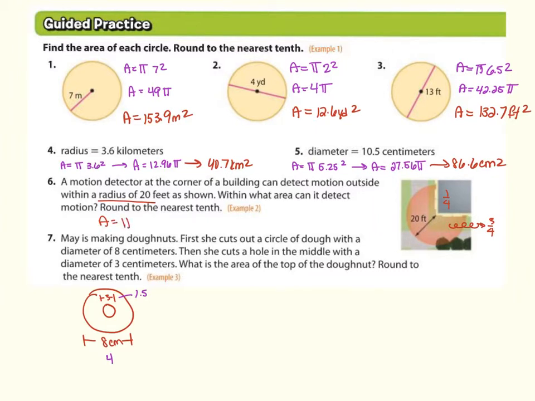So we're just going to put that in the calculator because we're not going to leave our answer in terms of pi. We're actually going to solve it. Once you get that answer, multiply by 3/4, and then press enter.